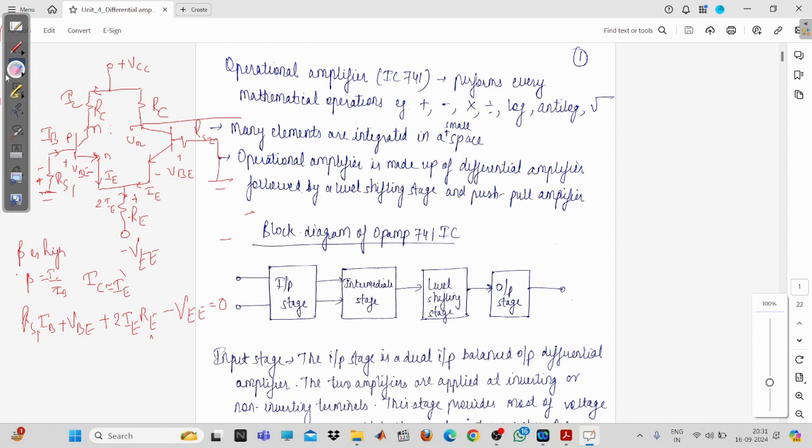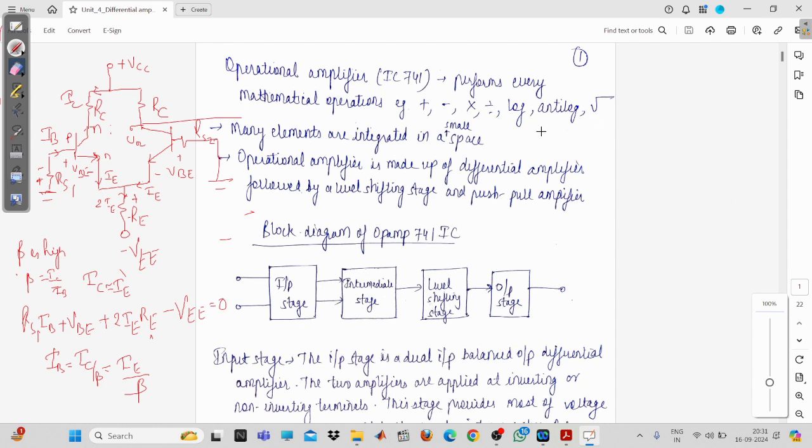So instead of doing all this, what I can do is, IB will be equal to IC upon beta. We have assumed that IC is nearly equal to IE, so this is IB = IE upon beta.